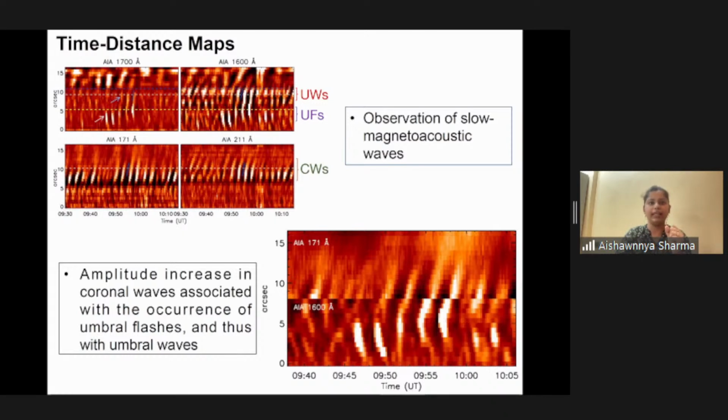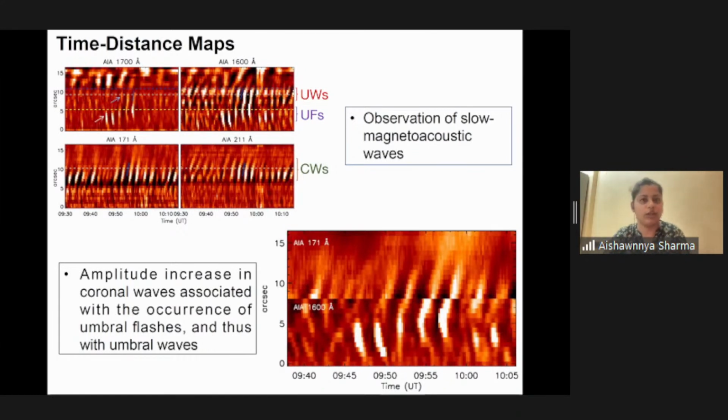The upper panels, AIA 1700 and 1600, are wavelength channels which correspond to the lower solar atmosphere, basically photosphere and chromosphere. The bottom panels, AIA 171 and AIA 211, correspond to the upper solar atmosphere, meaning the corona.